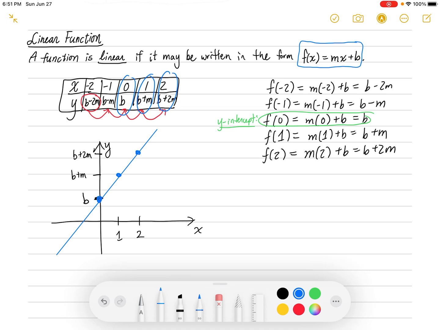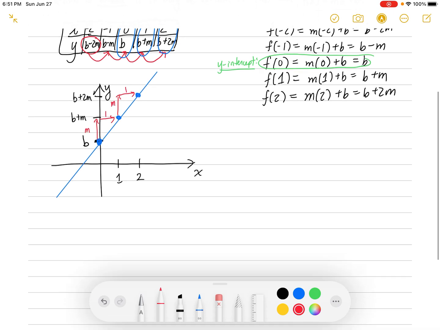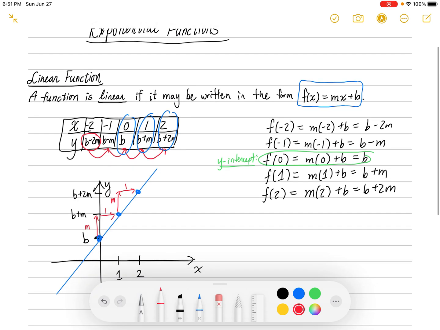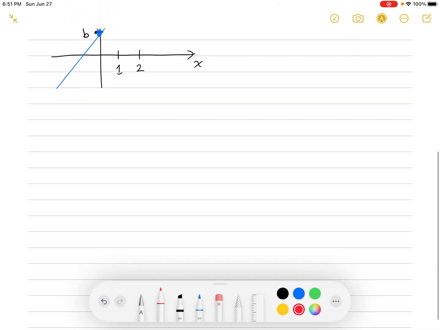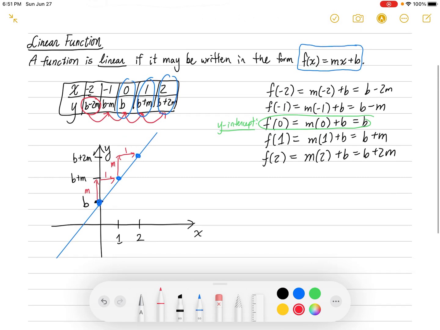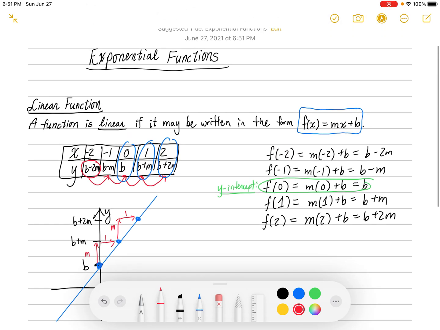The idea is as the x increases by 1, the y is increasing constantly up by m every time. So what's the slope? You're up m over 1, up m over 1.